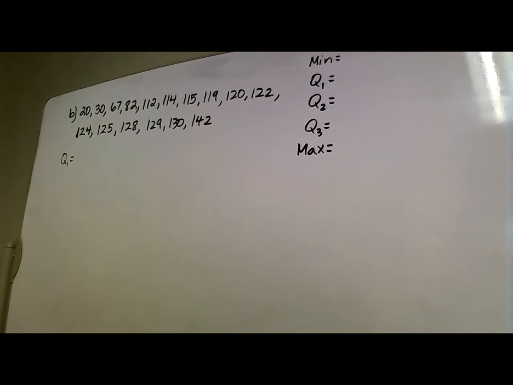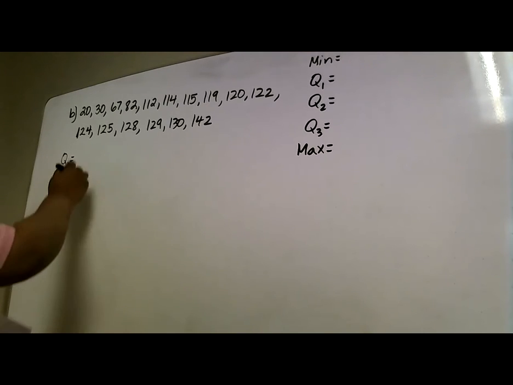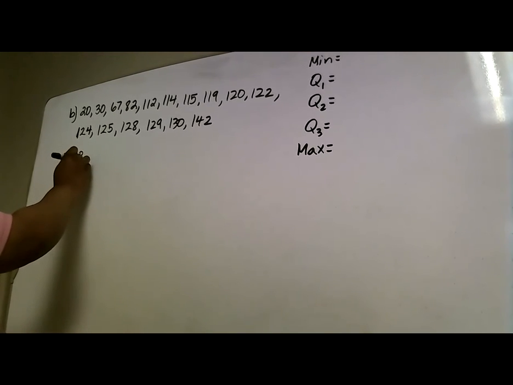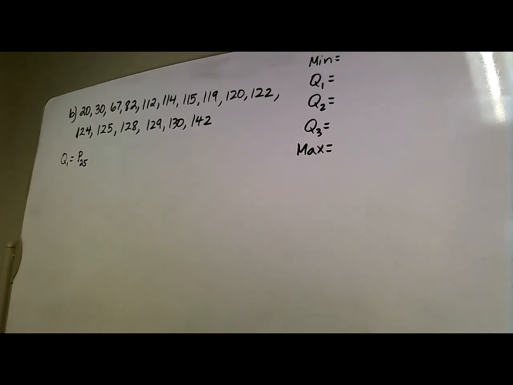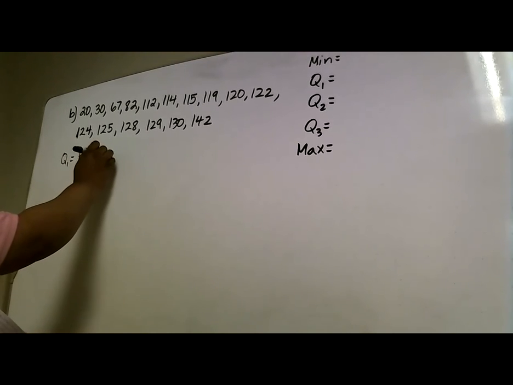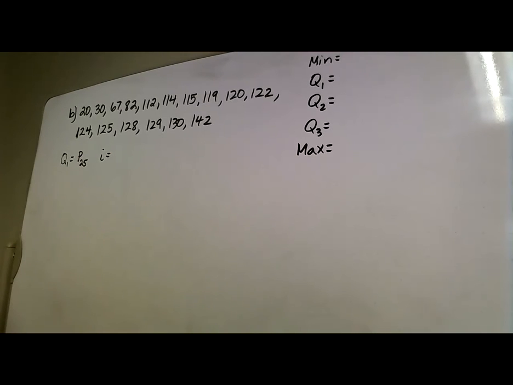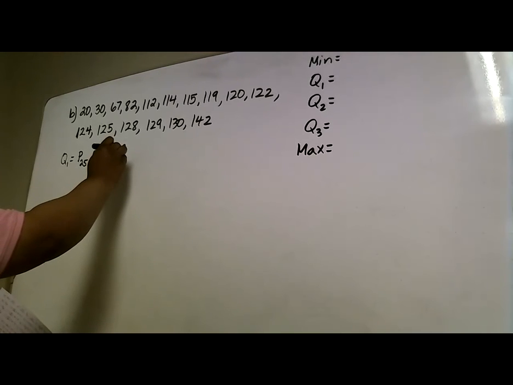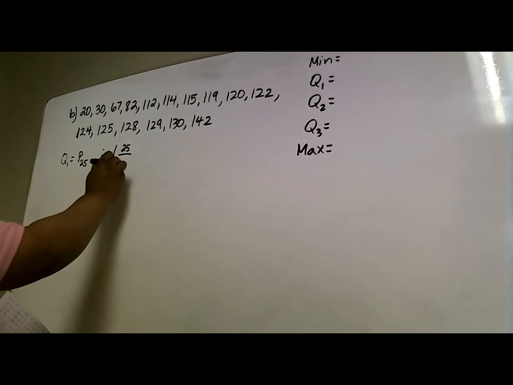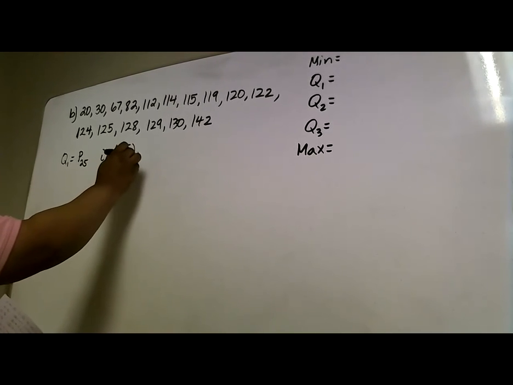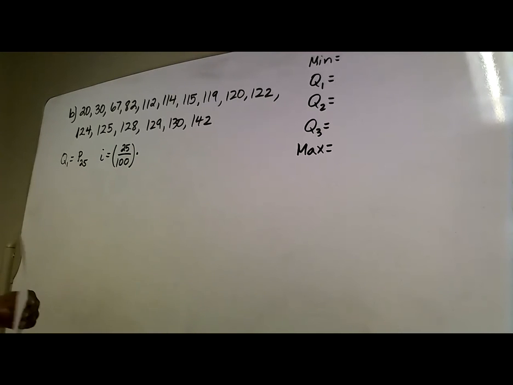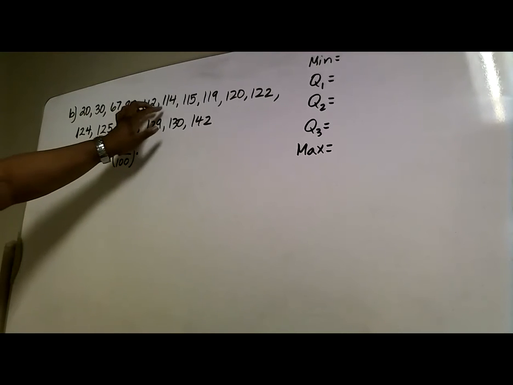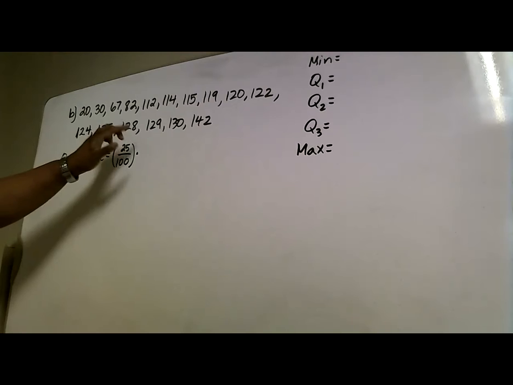In this case, if you recall, the first quartile is the 25th percentile. So to find the position of the number that's in the 25th percentile, we have to do i is equal to P over 100 times n. Our P is 25, divided by 100 times n. In this case, n is 2, 4, 6, 8, 10, 12, 14, 16.